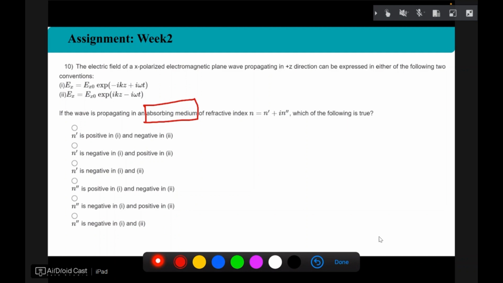So to solve this question, the equation is E is equal to E naught. It is given that it's an absorbing medium.